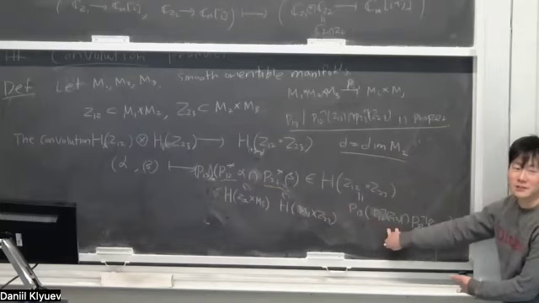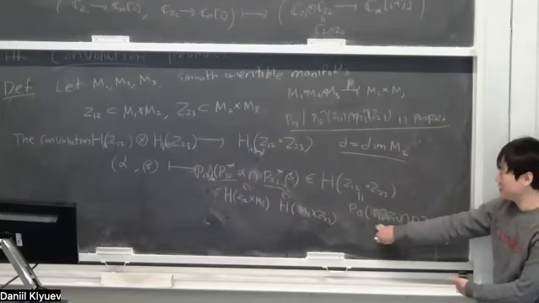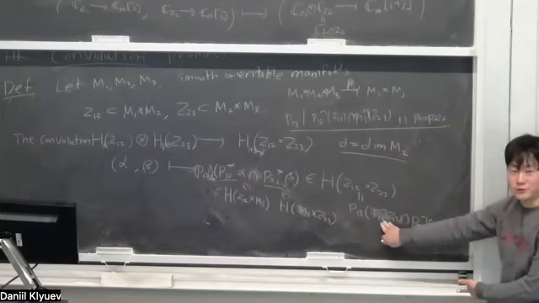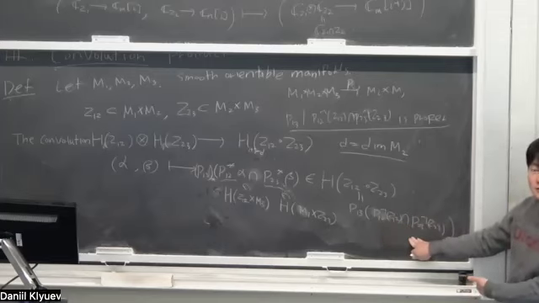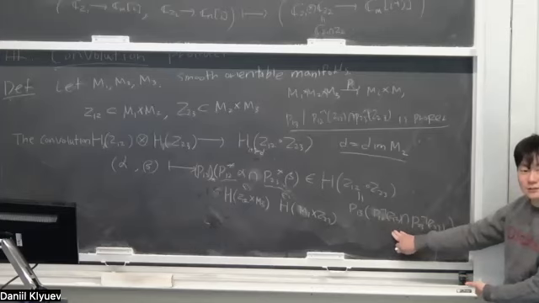This is an image, this is the inverse image. C_ij is some subset. Yeah, it's a subset.